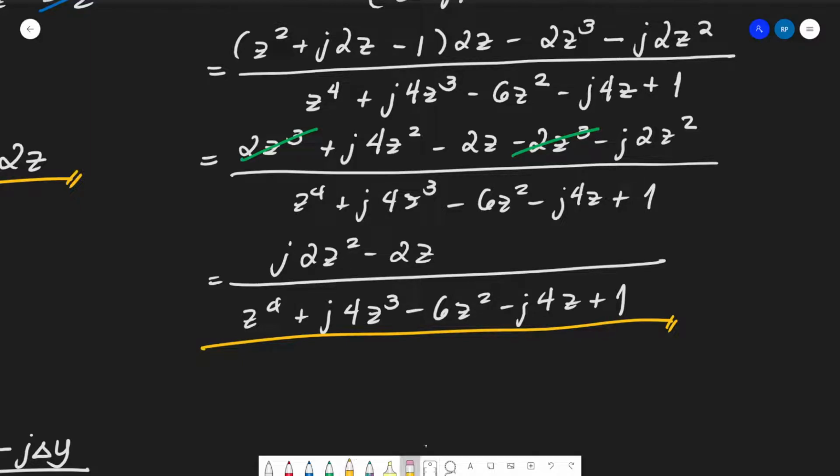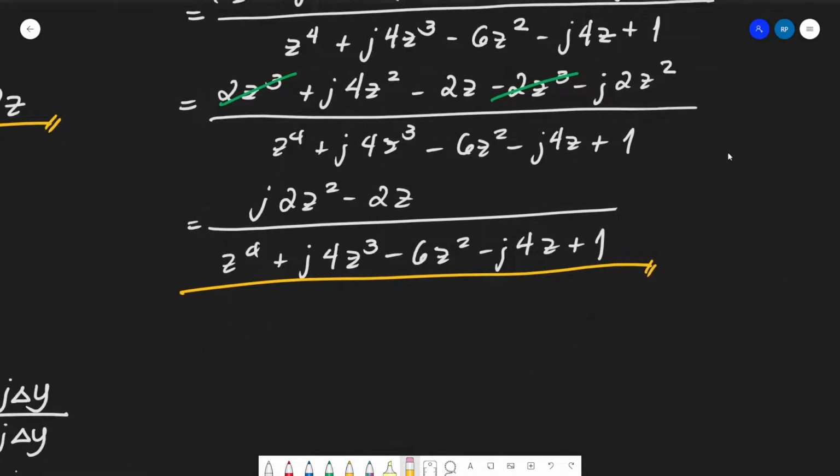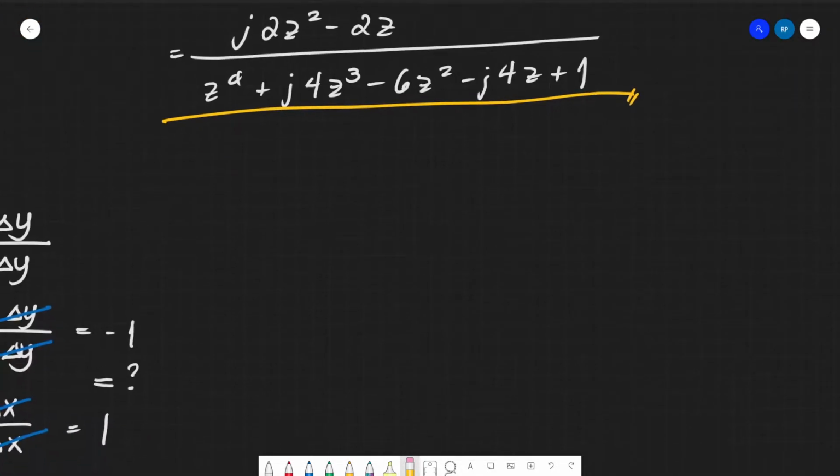Yan yung using the regular rules of differentiation. Okay? So, for the last example tayo, we have here number 4.